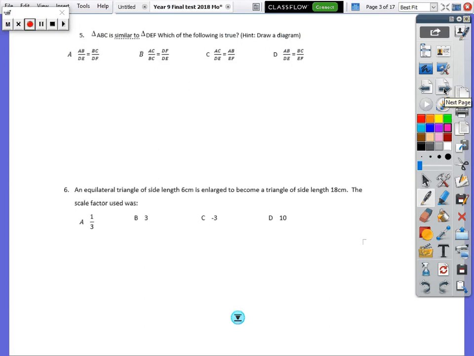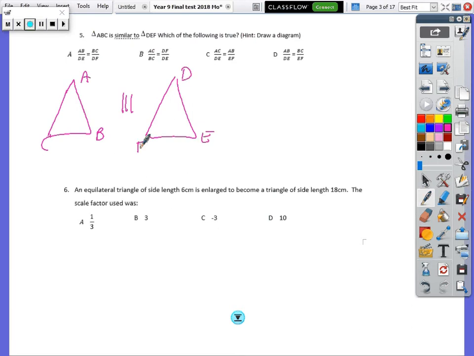Okay, so this one here, I said to draw a triangle. Triangle ABC is similar to triangle DEF. Okay, so then we get our similar triangles.